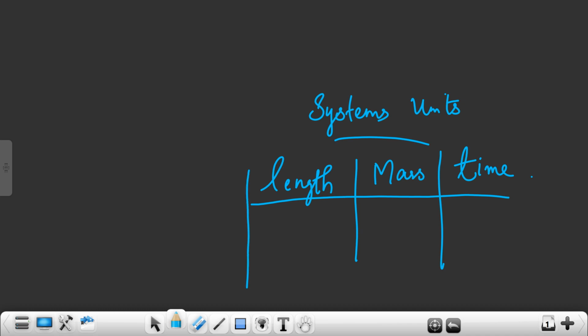The three systems of units are, first one, CGS system. In CGS system, C represents length, that is, length is represented in terms of centimeter, mass in gram, G, and time in second.